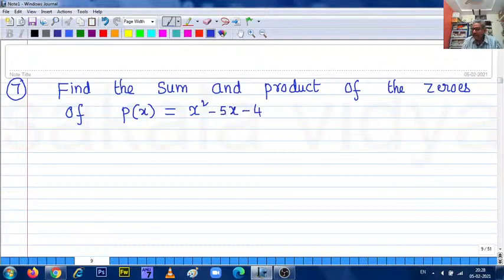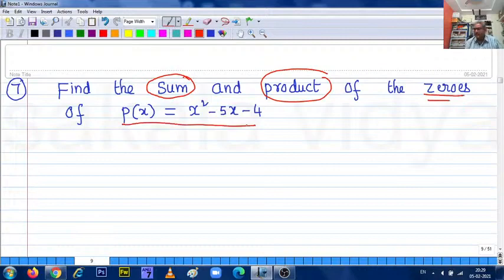In this question we are asked to find the sum and product of the zeros of this polynomial.